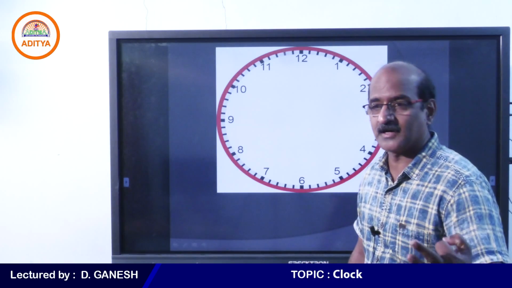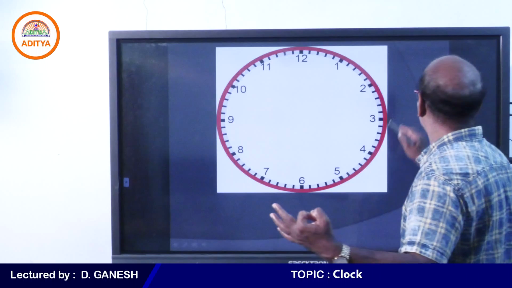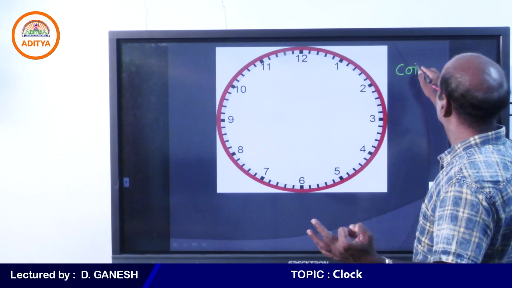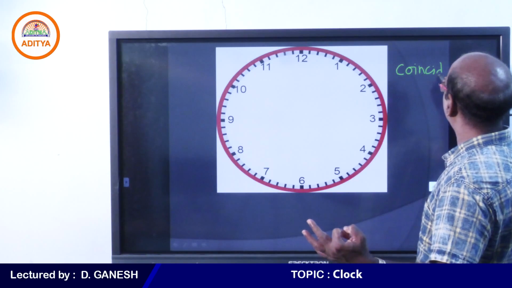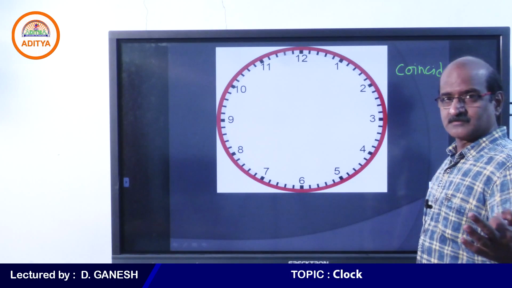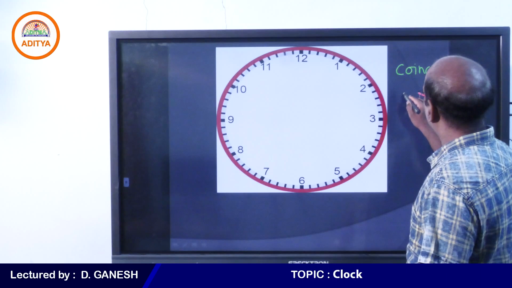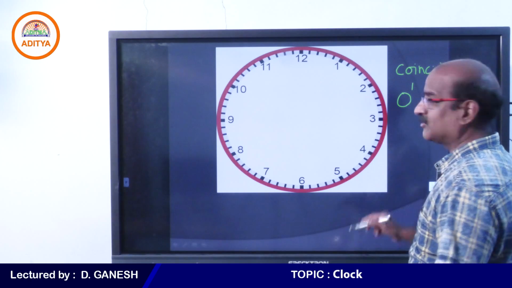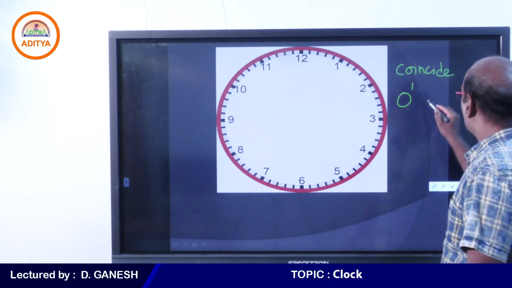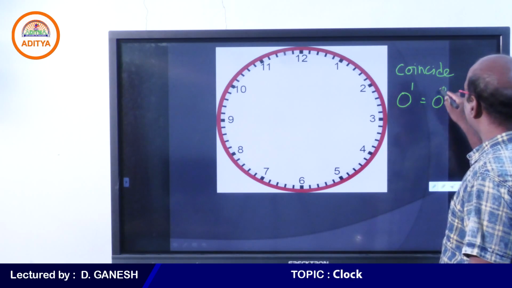There are 3 important points in clock. Point number 1, when the hands coincide. We say they coincide when both the hands are 0 divisions apart, or both the hands are at 0 degrees.